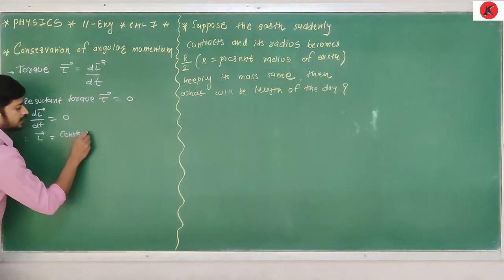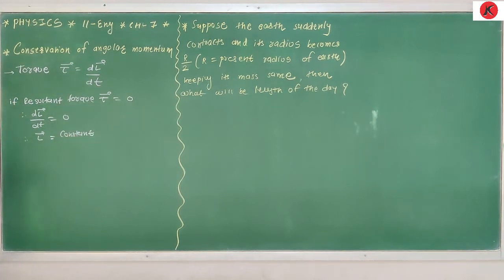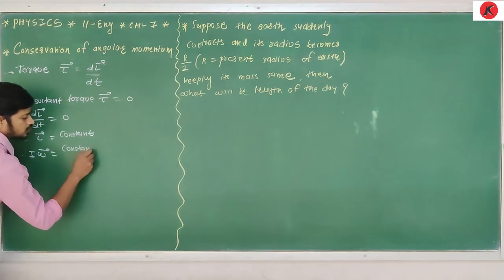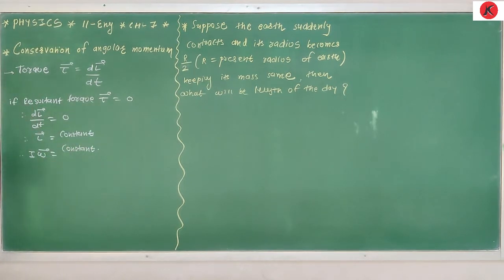Angular momentum is constant. Yes or no? Yes. Angular momentum L is nothing but I omega, where I is moment of inertia and omega is angular velocity. So I omega is also constant.